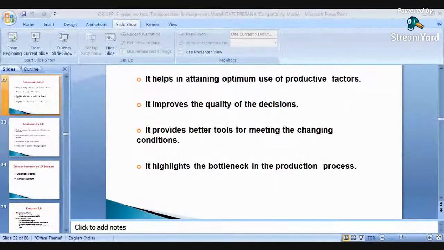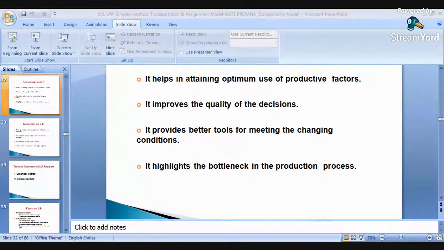In the stepping stone method, we calculate the net cost change that can be obtained by introducing any of the unoccupied cells into the solution. So check the optimality tests for the necessary condition, evaluate each unoccupied cell by following its closed path, and determine its net cost change.